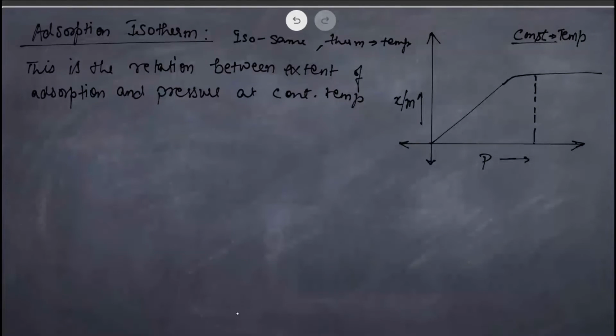So the relation is like this: x by m is directly proportional to p to the power 1 by n. And this looks like x by m equals k p to the power 1 by n.